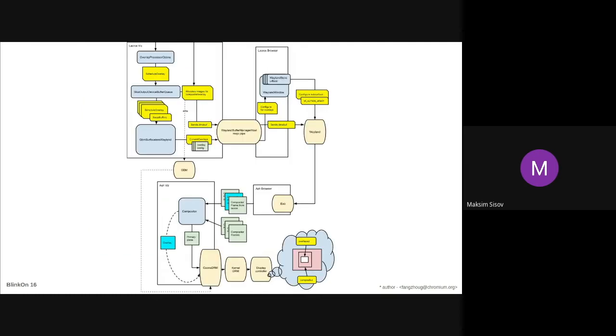Here's another diagram showing the big picture. Here we have the GPU Viz process on the Lacros side with the overlay processor choosing which quads can be promoted as overlays. Then these overlays are scheduled and passed to GPU surfaces Wayland, which is the surface representation of a browser window on the GPU side.